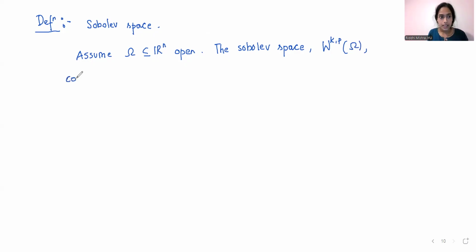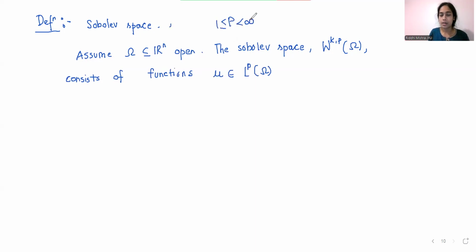This space consists of functions U which belong to LP. Here my P is greater than or equal to 1. I'm not talking about fractional Sobolev space. There is a notion of fractional Sobolev space also, where P is greater than 0, but here we are just in the LP case. And K is any positive integer.